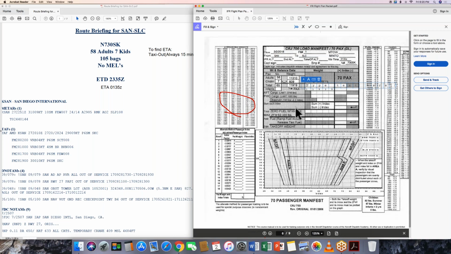Then they'll pull it onto a scale and weigh the aircraft. Once they've done that, they figure out where your center of gravity is, and that's where they get your index. For the next however many months, that's what the basic operating weight will be for that aircraft until they do it again.